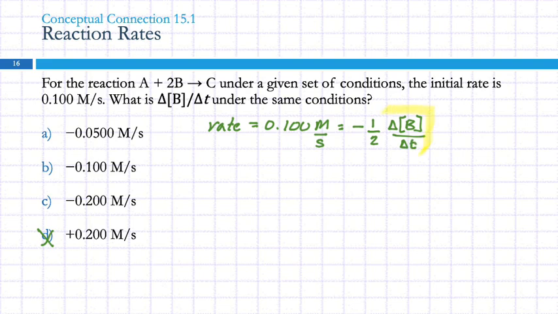So again, we are asked for this number. Do I multiply by 2 or divide by 2? Multiply, because this is 1/2 in the denominator, right? It's considered a conceptual question because we don't actually need a calculator. You can just think about it. So then the answer is negative 0.2.